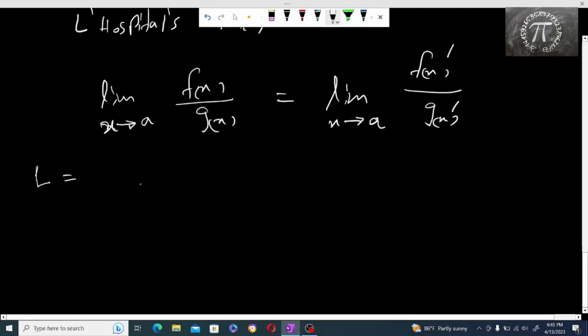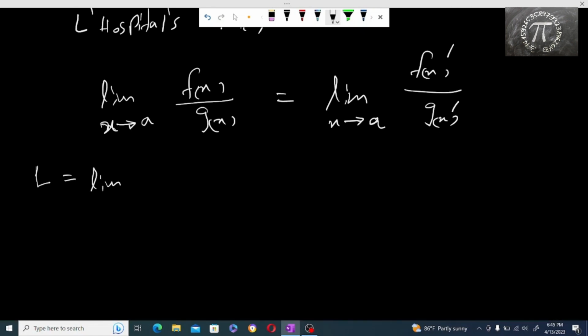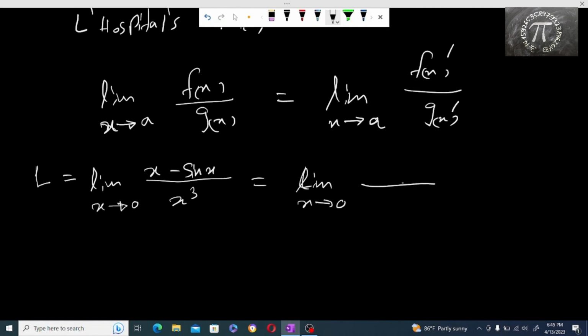L equals the limit as x goes to 0 of (x minus sin x) divided by x to the power 3. This all equals the limit as x goes to 0, where I differentiate the numerator and denominator.